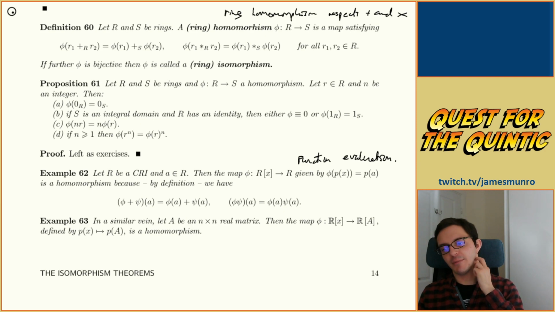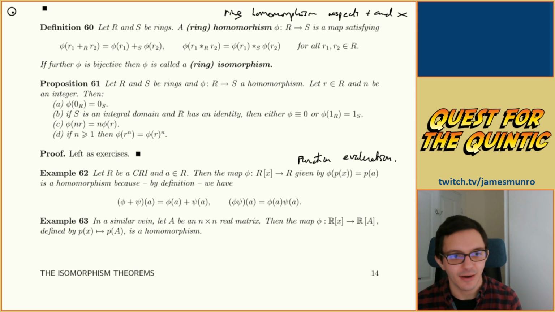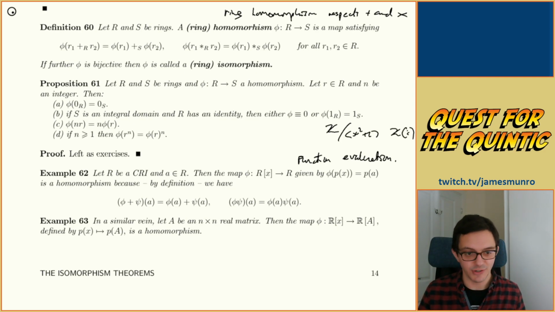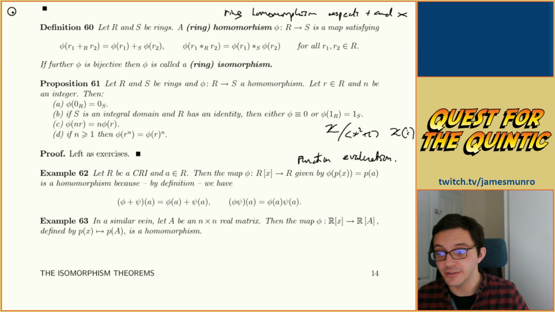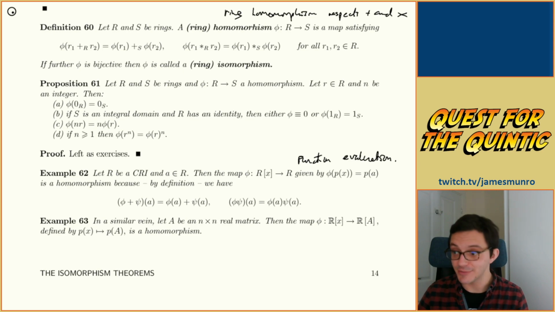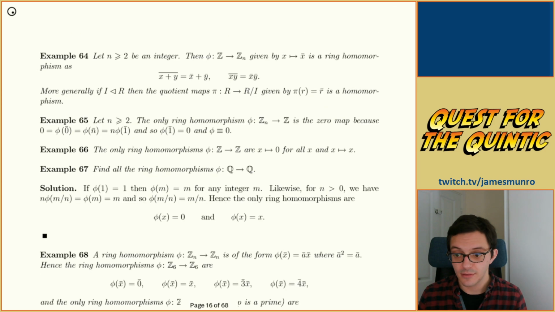Oh, okay, so this is going to help me prove that... no, this is not going to help me prove that you can plug in i, because i is not a member of Z. I was sort of hoping that, with the stuff in the back of my head about Z quotiented by x squared plus 1, Z of i looks a lot like plugging i into the polynomial, but that's not what's going on here at all. Okay.